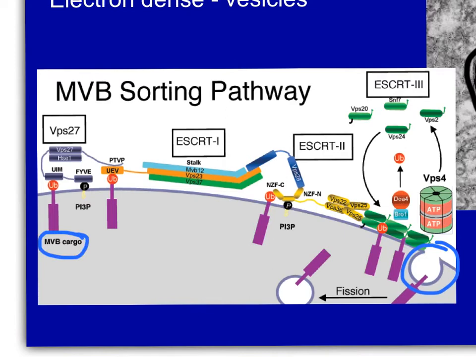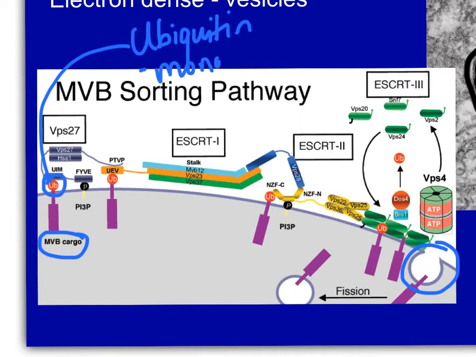I'm just going to show you some of these. What is happening is the generation of this compartment on the bottom right, the invagination of the membrane, and how proteins or cargo get in. On the top left, you have some cargo that has to get into these intraluminal vesicles, and the thing that's going to regulate it is the addition of this ubiquitin molecule. Proteins can be monoubiquitinated. Ubiquitinated, that's a hard word for me to say. So an individual single ubiquitin molecule can be put onto a protein, and that directs the formation of this entire process.